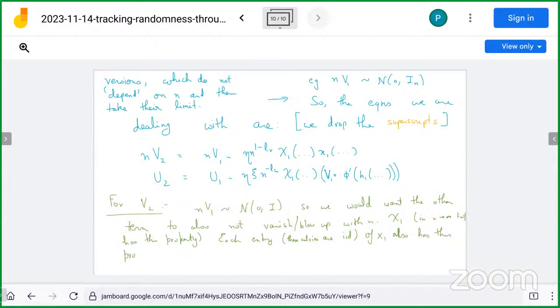So if we set it this way, the second term also will be fine.